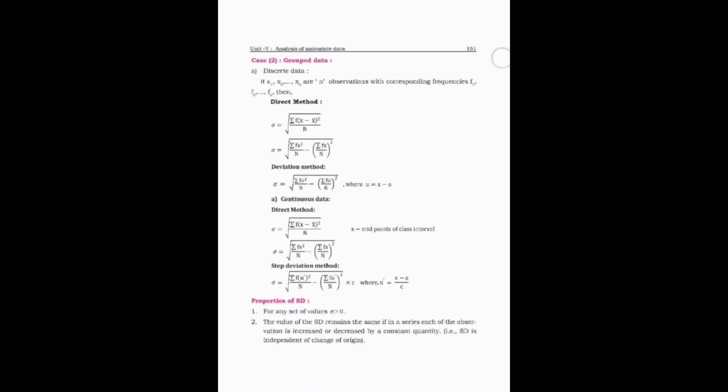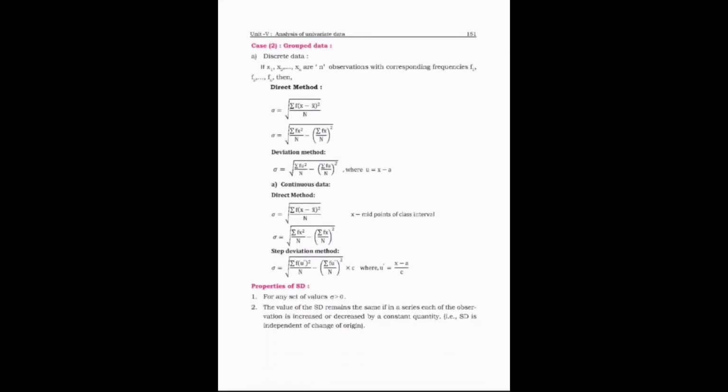Then for grouped data, the formulas are: sigma is equal to the square root of summation of f into (x minus x bar) whole square divided by capital N, or otherwise sigma is equal to the square root of summation of fx square divided by capital N minus (summation of fx divided by capital N) whole square. Here, in the discrete case we take u is equal to x minus a. When it is a continuous case, u is equal to (x minus a) divided by c, where c is the width; when we take class intervals, we take the width.